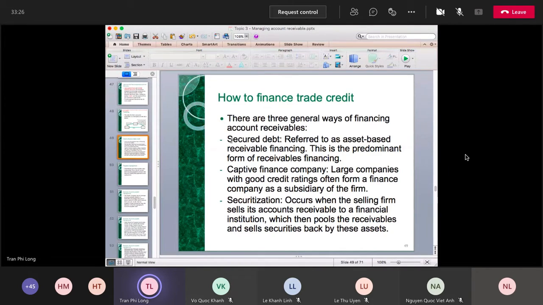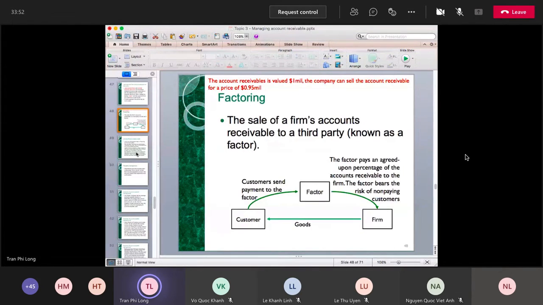So what do we mean by secured debt? It means that you will use the account receivable as collateral. You go to see a bank, and you tell the bank that you want to borrow some money, and you will use the account receivable as the collateral. So this is the first way, the secured debt. The secured debt is different from factoring.